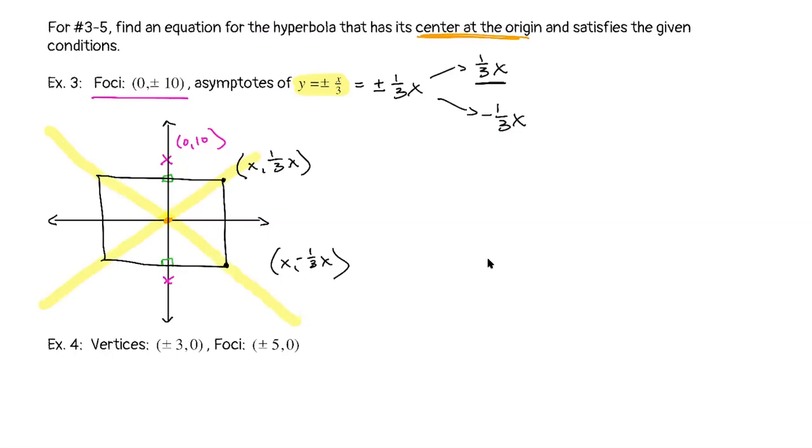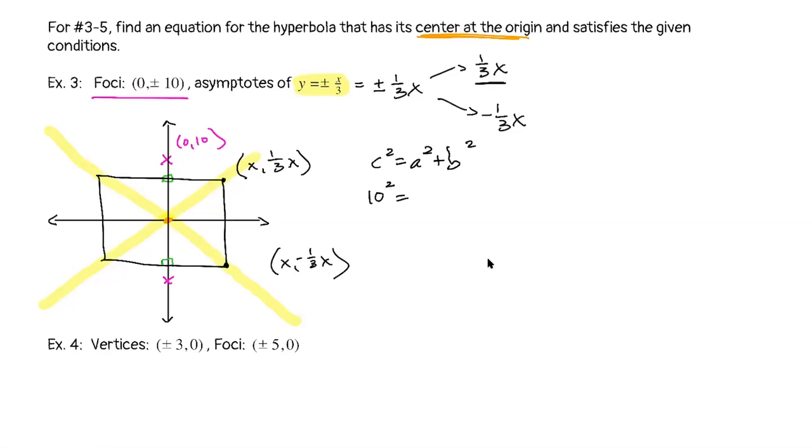And so when we're thinking about figuring out our co-vertex and our vertex, we're going to do a little bit of substitution. So I know that c² equals a² plus b². And I know that c is 10 because the distance from the center to the focus is 10. So c squared will be 10 squared.